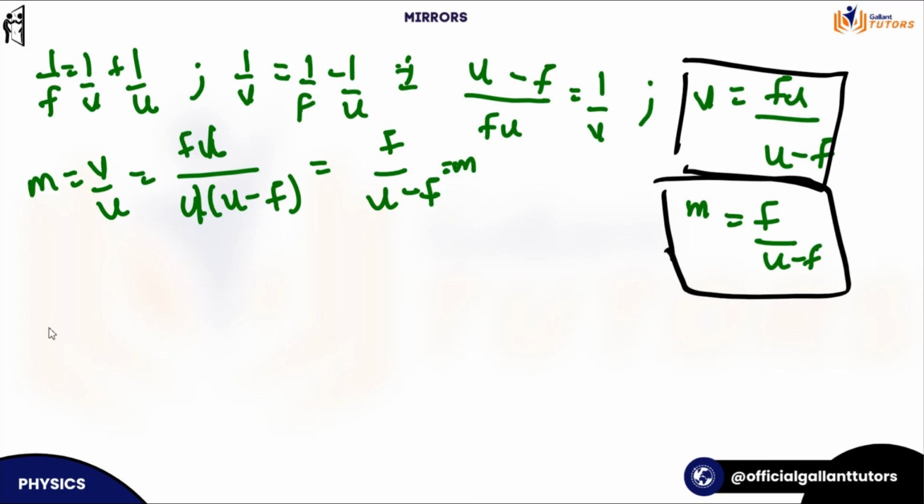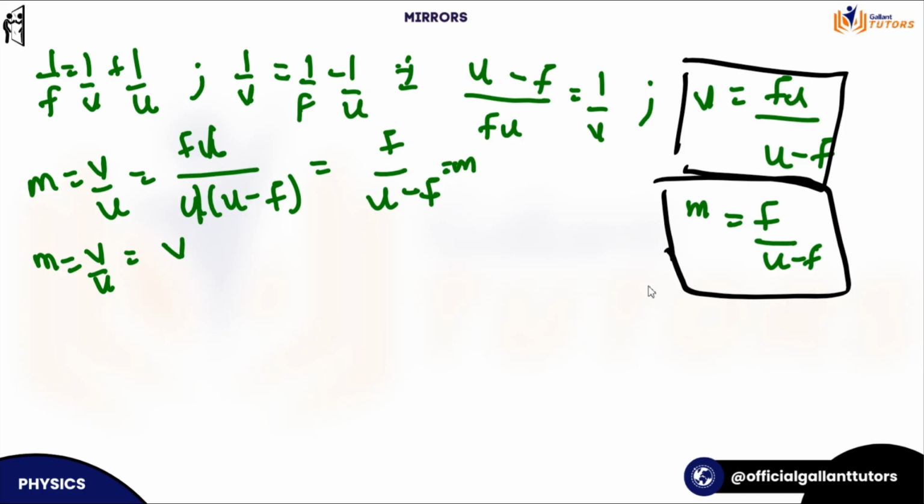All right, what if V was given? M is equal to V over U, right? So we have our V, for instance. Now just try to make use of the formula and put it into the formula.